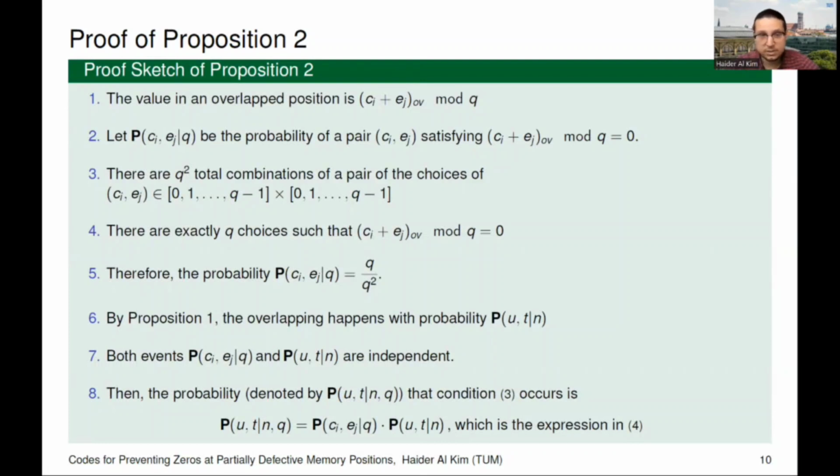Okay, so this is independent of the probability in proposition 1, which is the overlapping happening with the probability P(U, T given N).